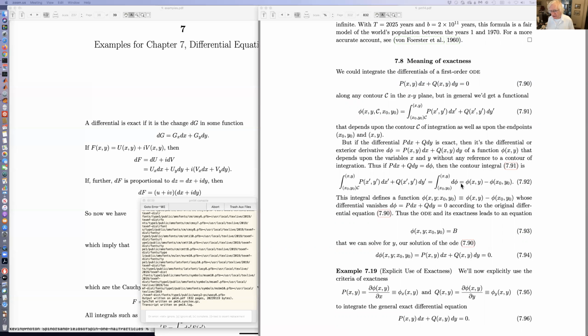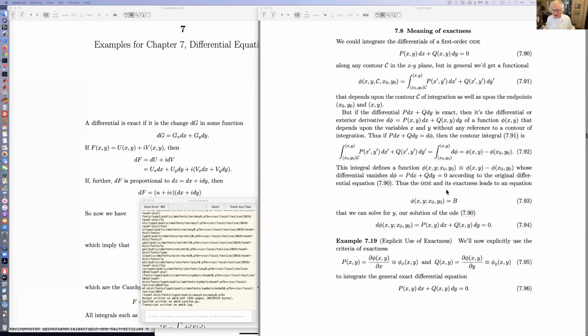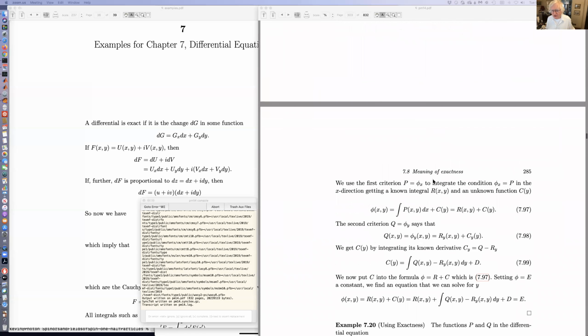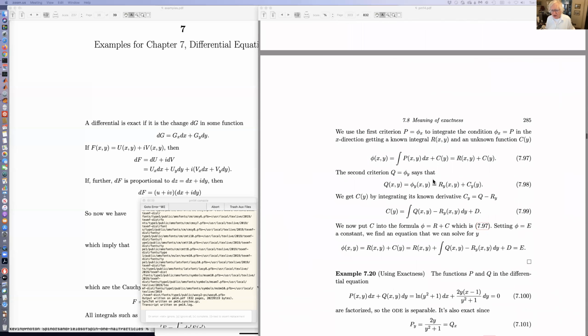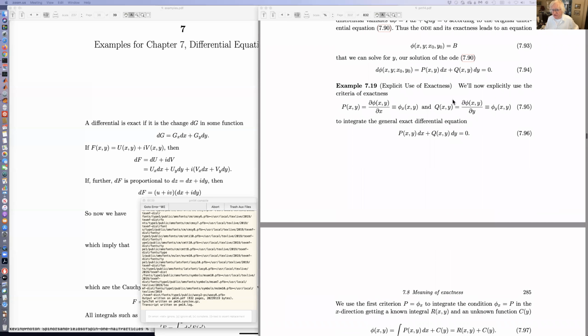If we integrate it along some contour, it doesn't matter, we'd be able to solve for y of x. This is a general example on the use of exactness.